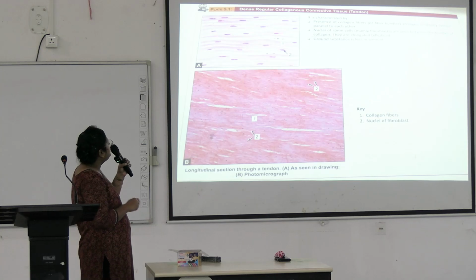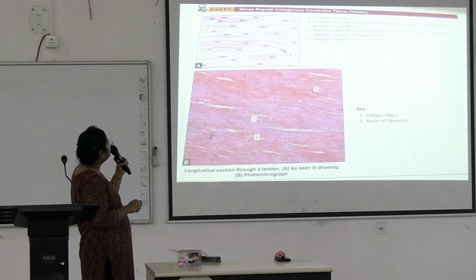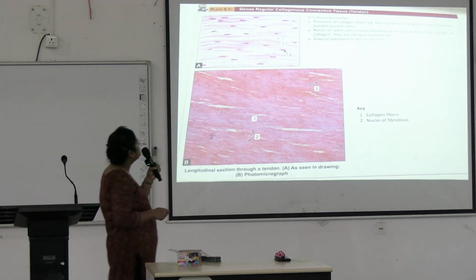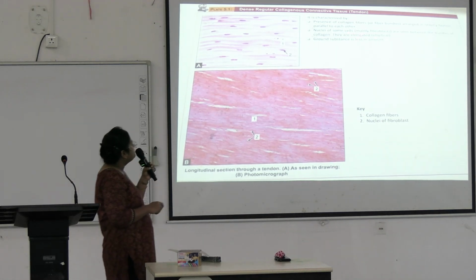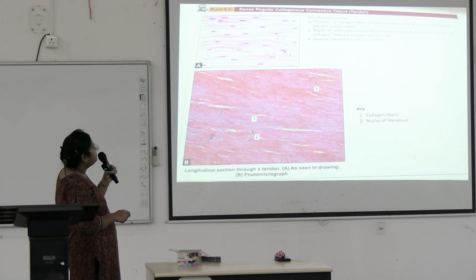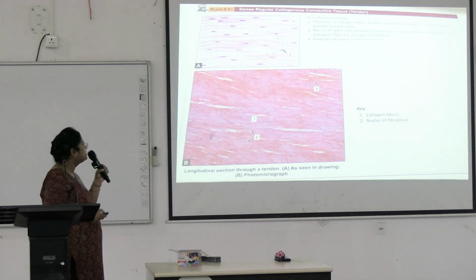So these are the parallel collagen fiber bundles, and these flattened nuclei are of fibroblasts. Nuclei of some cells, mainly fibroblasts, are seen between the bundles of collagen, and they are elongated and elliptical. Ground substance is less in amount for dense regular and dense irregular connective tissue.